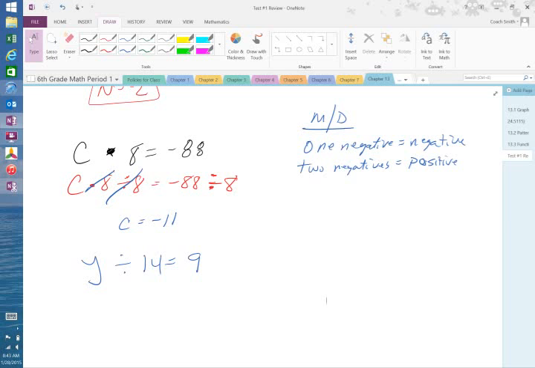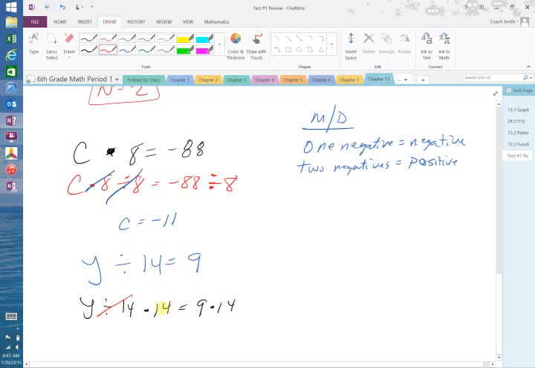Yes, multiplying by 14. All right, so we've got to multiply by 14 to both sides. So that's going to take y divided by 14 times 14 equal 9 times 14.